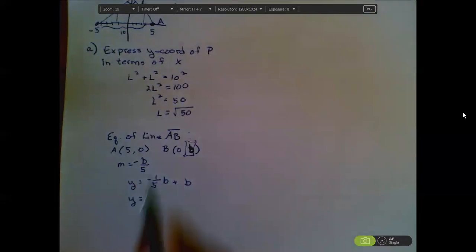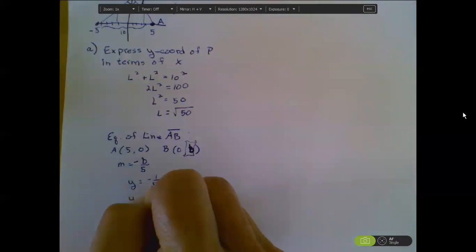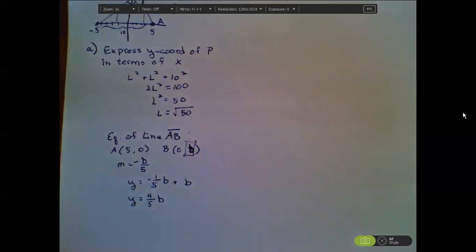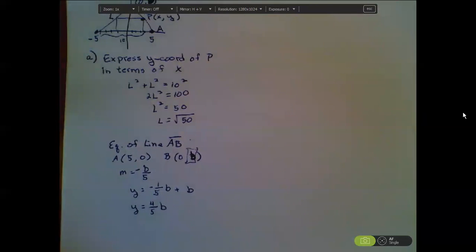So y is 4/5 b. That's the equation of that line. And how is that helping me?